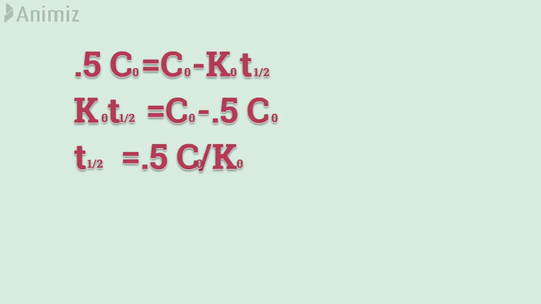Then K0 into T-half equals 0.5 C0, so T-half equals 0.5 C0 by K0. In a zero-order reaction, T-half depends on the initial amount of drug, so it is not a constant.